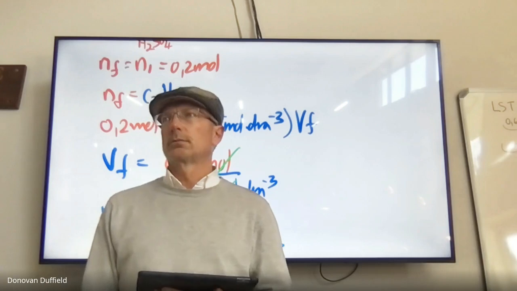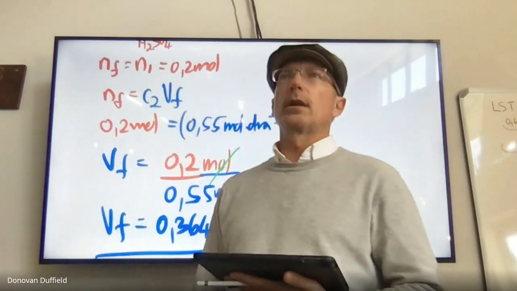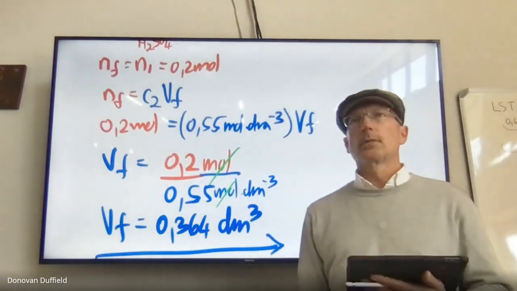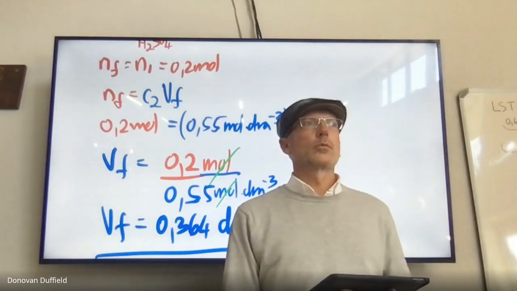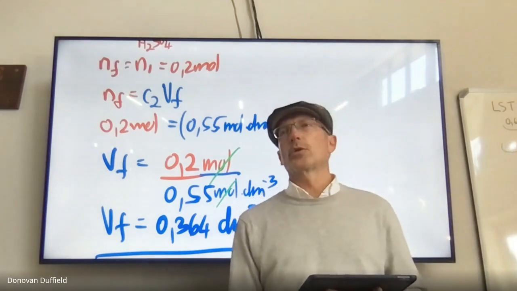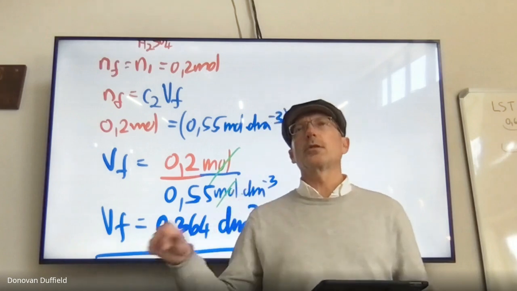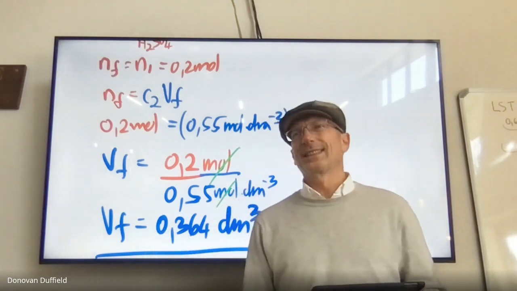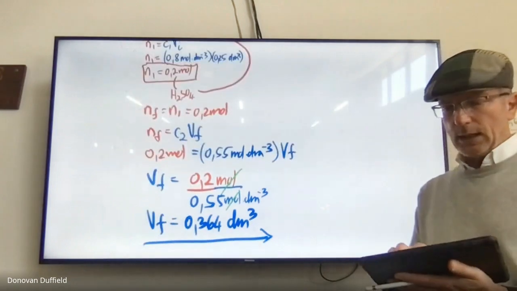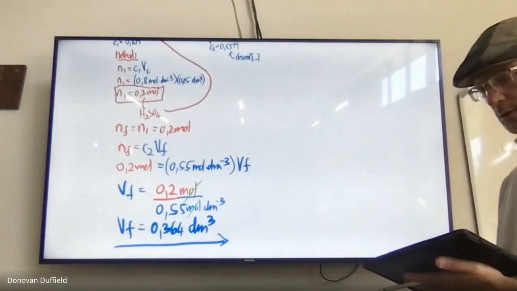Now, how many moles will be in the final solution? Same. What will the volume of water be that you have to add? That sort of thing. Then we're forcing you not to use the dilution equation. But in this case, it's good to understand.